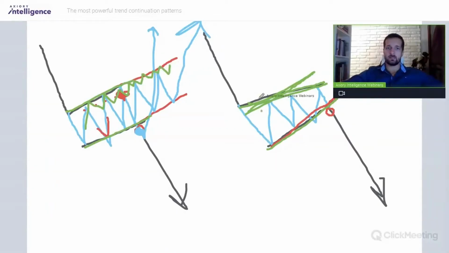The price can make lower highs. It's not important. What is important is the breakout of the lower line, which gives us a sell signal. So if those two lines are parallel or not parallel to each other, there is not really a big difference, because what is important in this case is the breakout here.